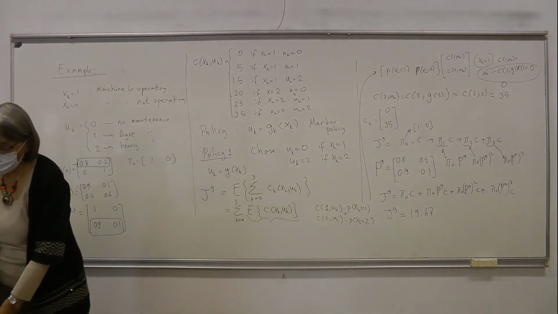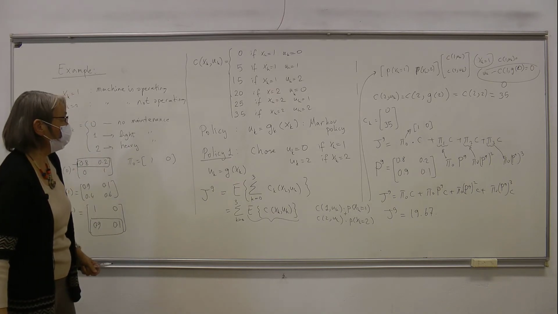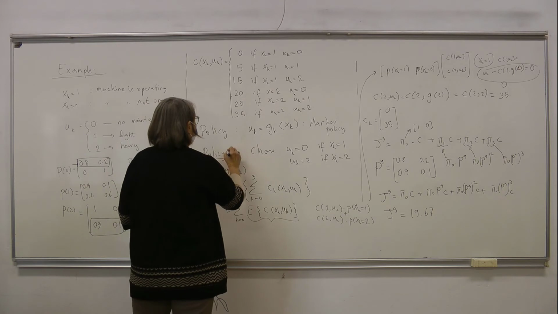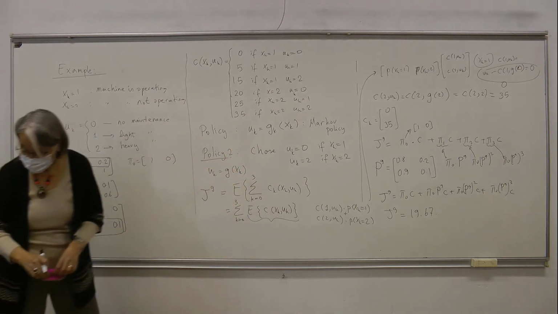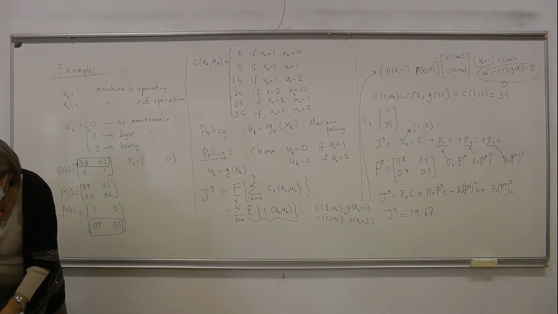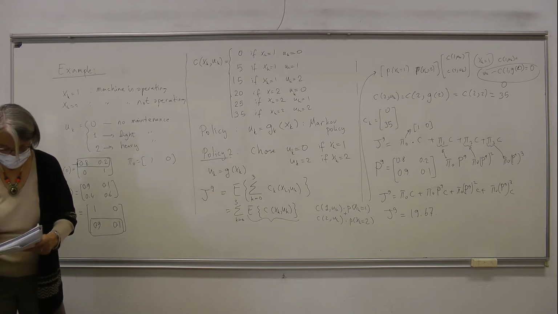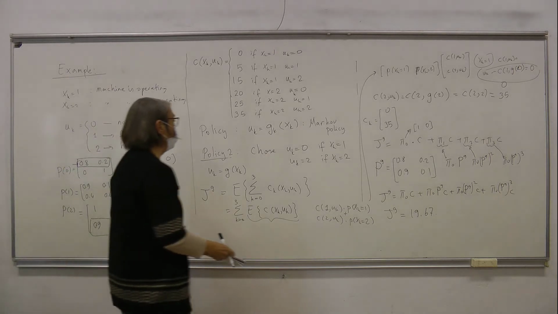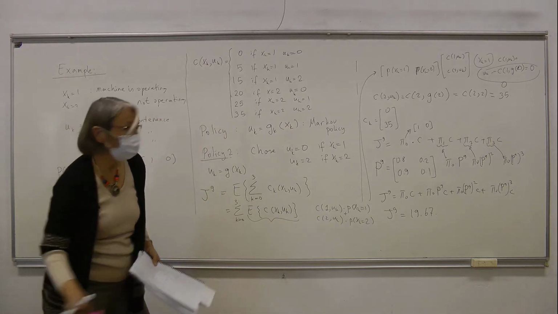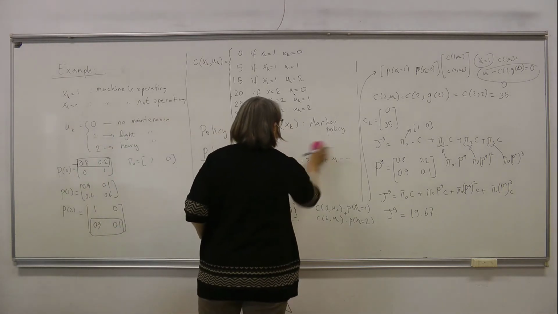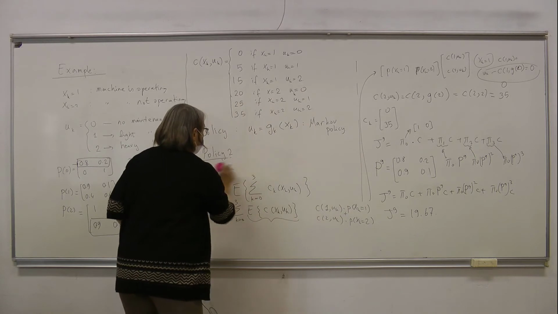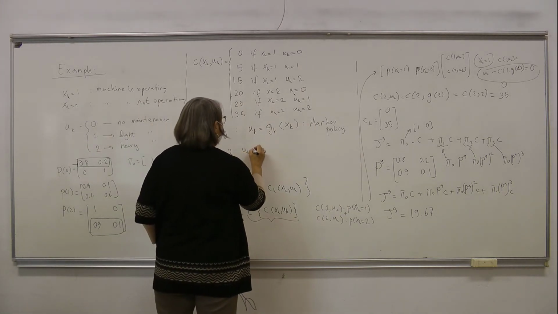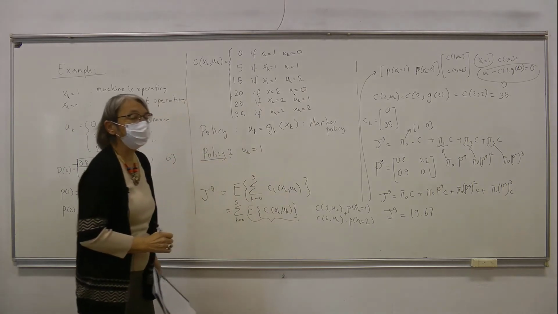Now, that is one policy. We may choose some other policy. Let's say that this is policy number 2. And in that policy, we use uk as 1, whatever the state is.